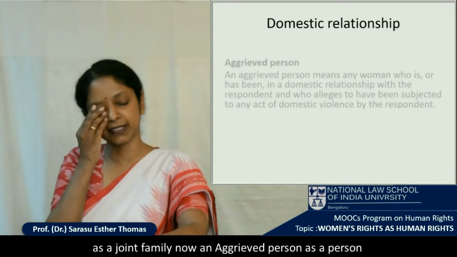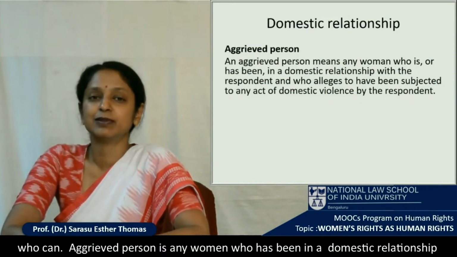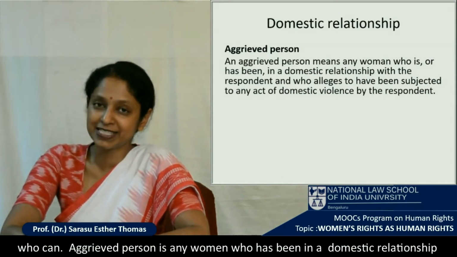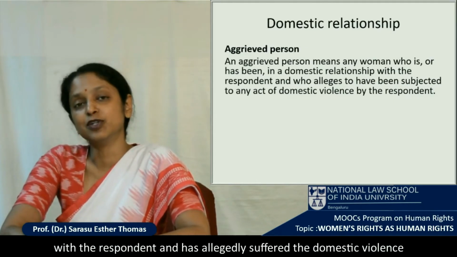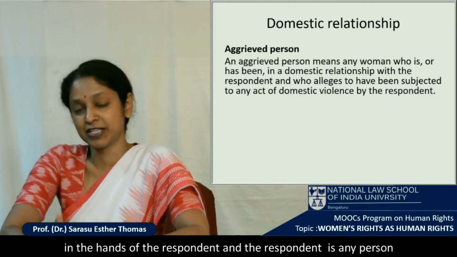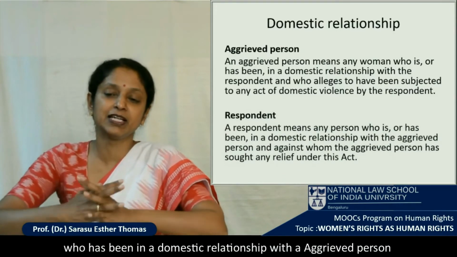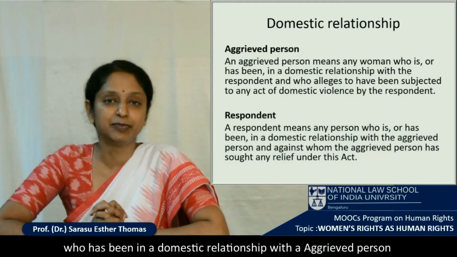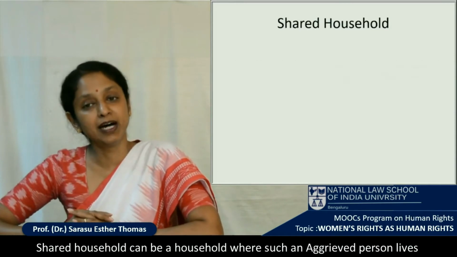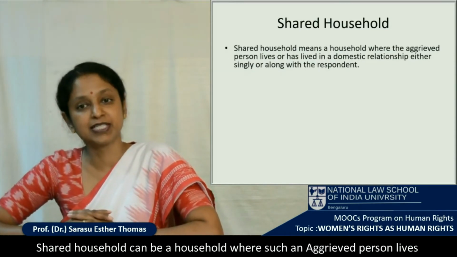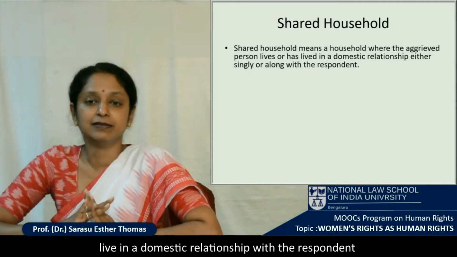Now, an aggrieved person, or the person who can complain, is any woman who is or has been in a domestic relationship with the respondent and has allegedly suffered domestic violence at the hands of the respondent. And the respondent is any person who has been in a domestic relationship with the aggrieved person. Now, a shared household can be a household where such an aggrieved person lives or has lived in a domestic relationship with the respondent.